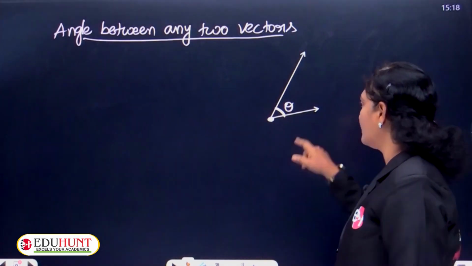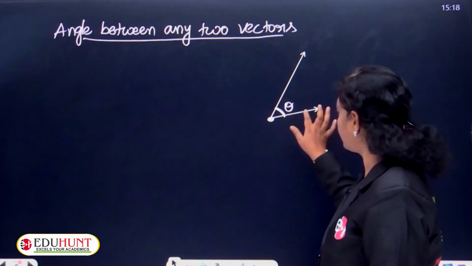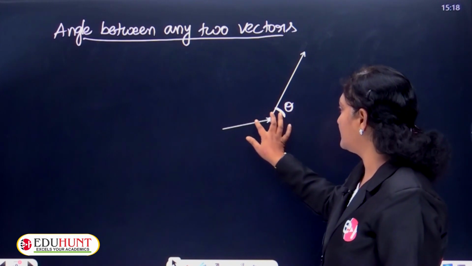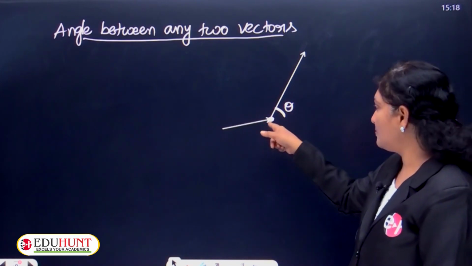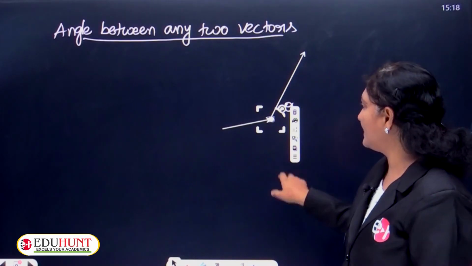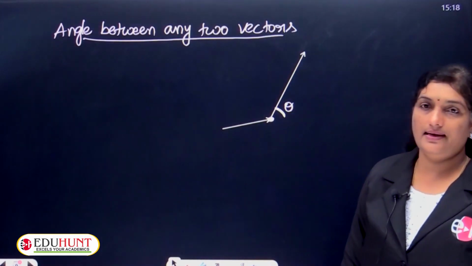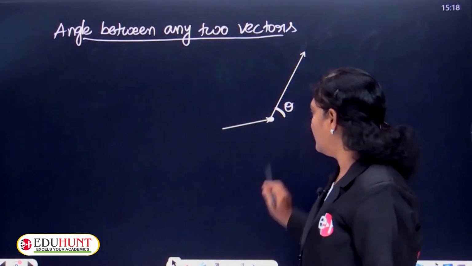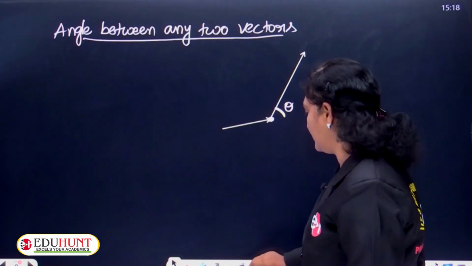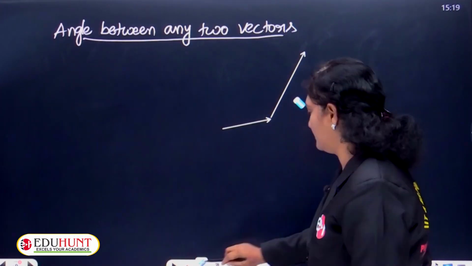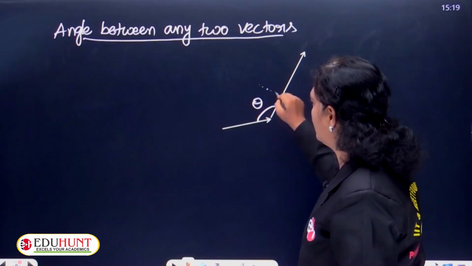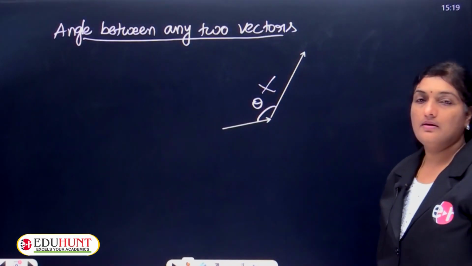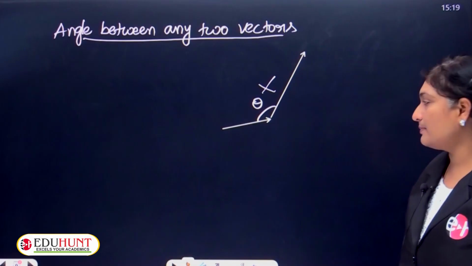But if this vector is drawn like this, at this point one tail is starting and another head is ended. So, we can't consider the angle between the two vectors as something like this. Absolutely wrong.